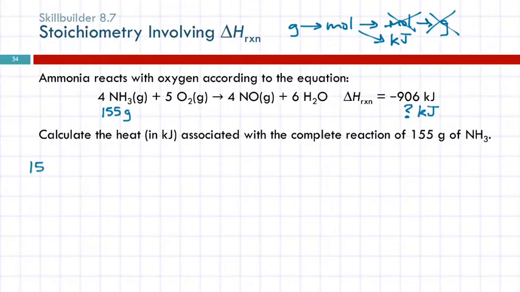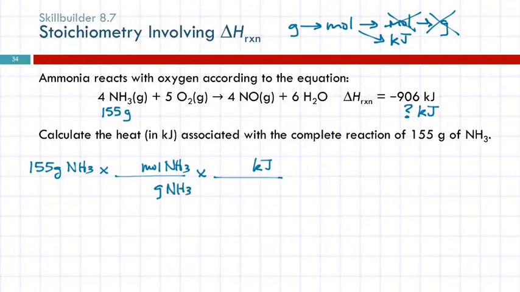So 155 grams of ammonia. I'm going to convert to moles of ammonia. And then I can go straight to kilojoules of energy. So getting my units to work out, I put grams of ammonia down there, moles of ammonia down here, and I see that I'm going to get kilojoules.